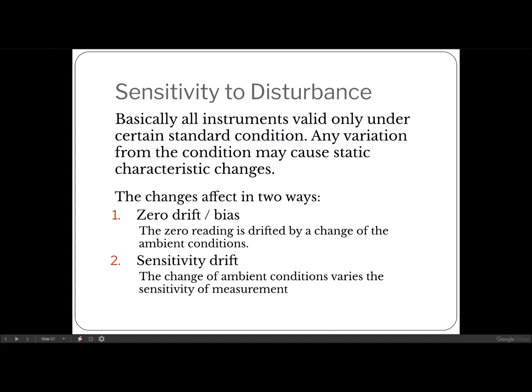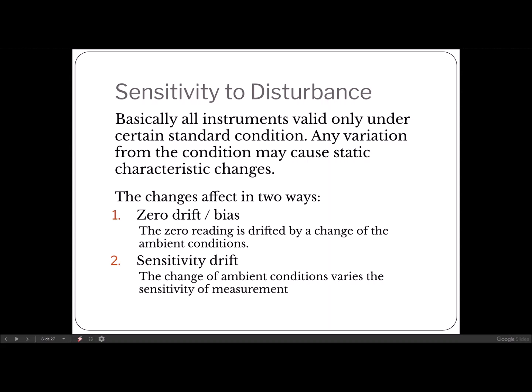There might be a case where you have a thermometer, but the atmospheric temperature also affects your temperature reading in your thermometer. That is the disturbance to your sensor. A good measurement device should have the least sensitivity to disturbance.